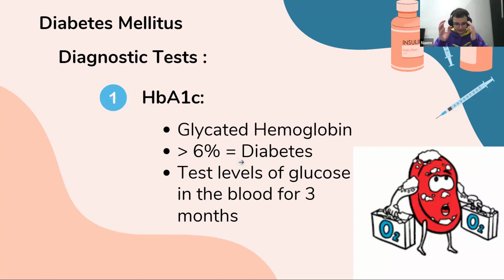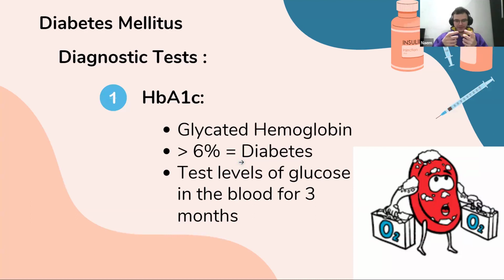Why is it directly diagnostic of diabetes? Because it's a test that tests the levels of glucose in the blood for 3 months. Now you might ask, why is it 3 months? Because remember, the lifespan of an RBC is 90 days, which is 3 months, right?